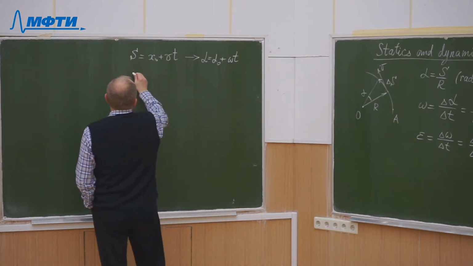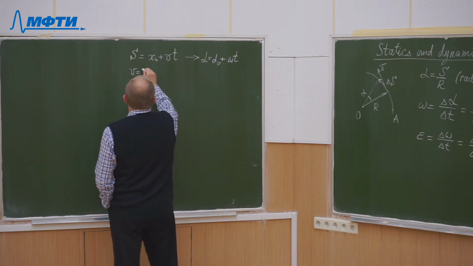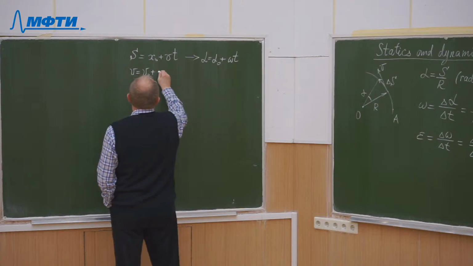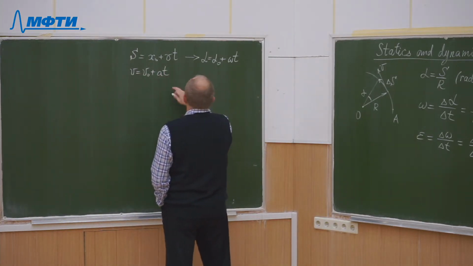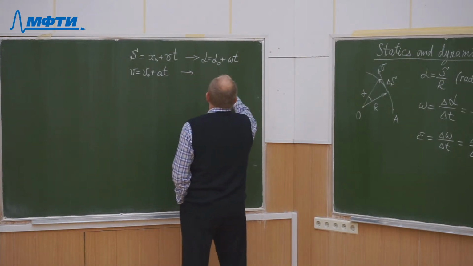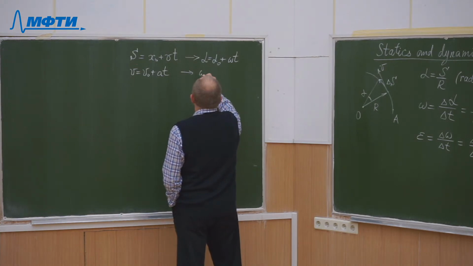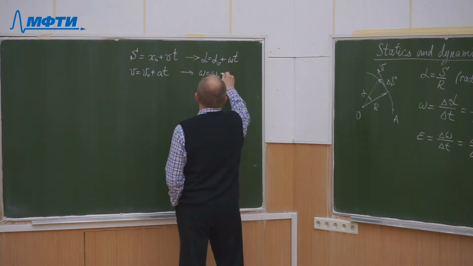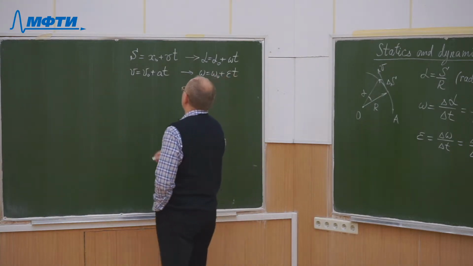If there is uniform acceleration, then the velocity in linear motion equals the initial velocity plus acceleration times time, and in circular motion, the angular velocity is the initial angular velocity plus angular acceleration times t.